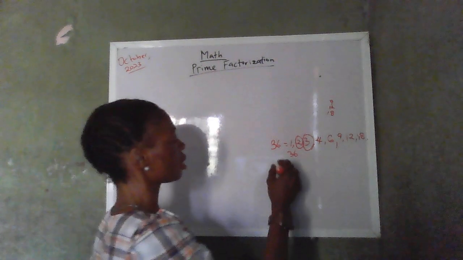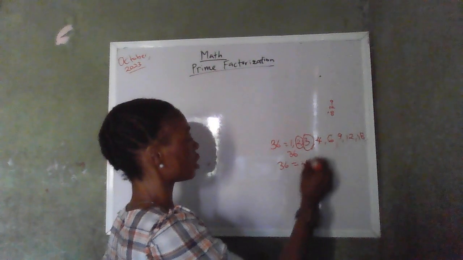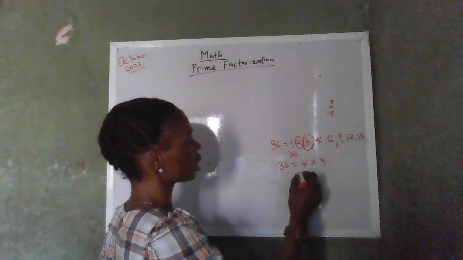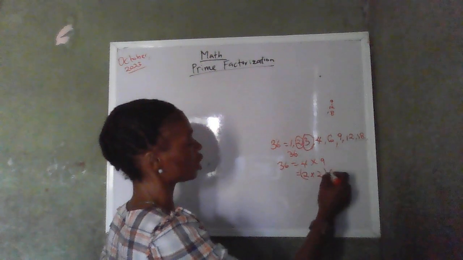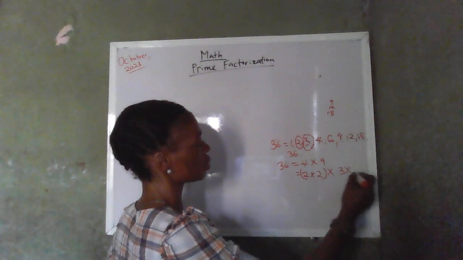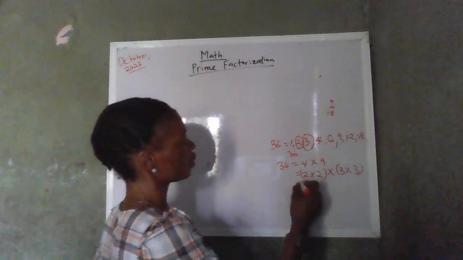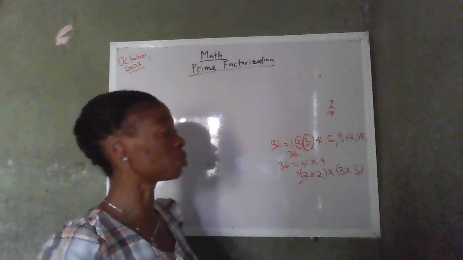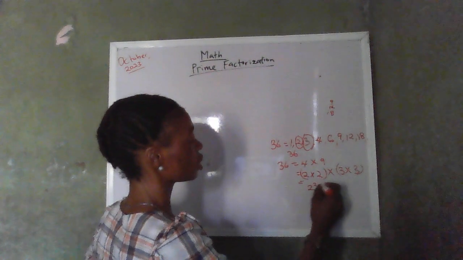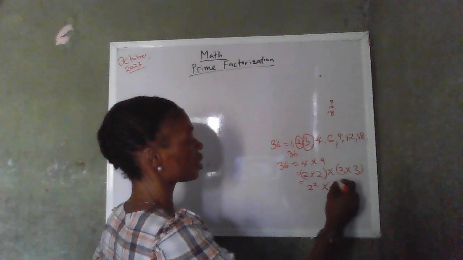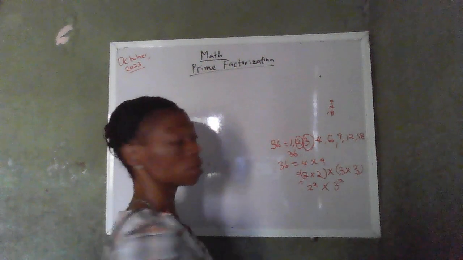Let's take 4 multiplied by 9. Breaking it down, 4 is 2 multiplied by 2, and 9 is 3 multiplied by 3. Therefore, 36 as a product of its prime factors in index form is 2 raised to power 2 multiplied by 3 raised to power 2.